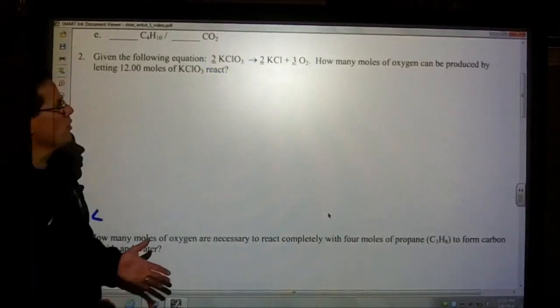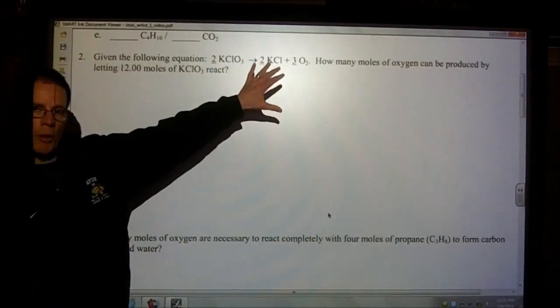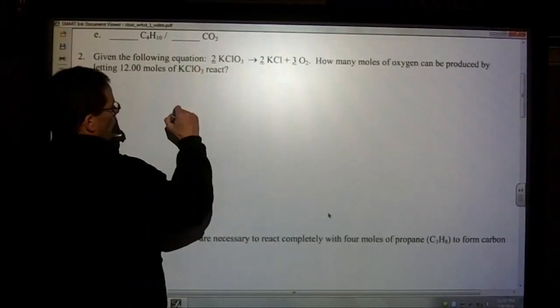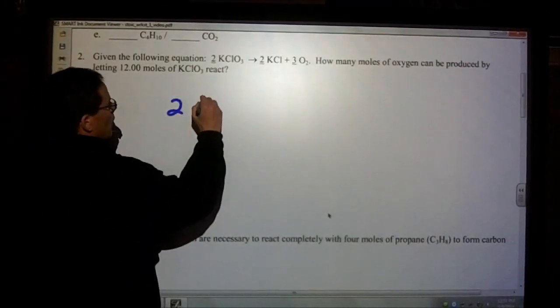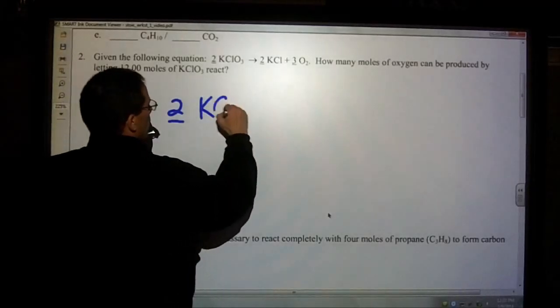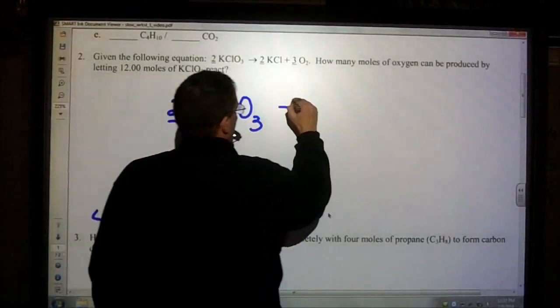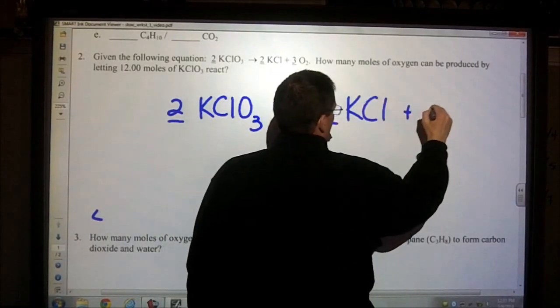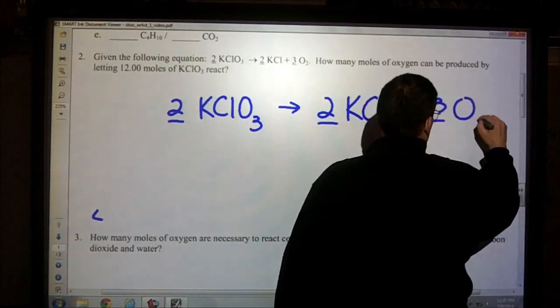Now, my recommendation, even though I've given you the balanced equation, I would personally still write it out. Just good habit, good practice. So we have 2 KClO3, and it forms 2 potassium chlorides and 3 oxygens. All right.